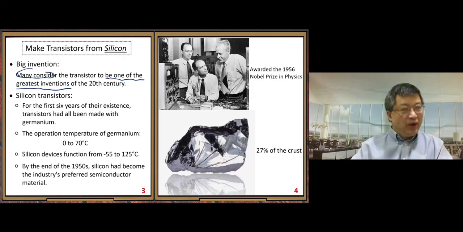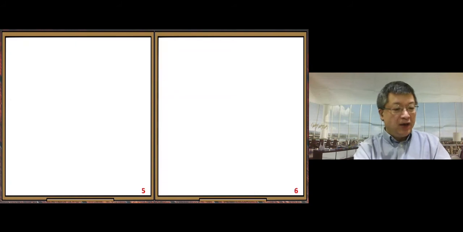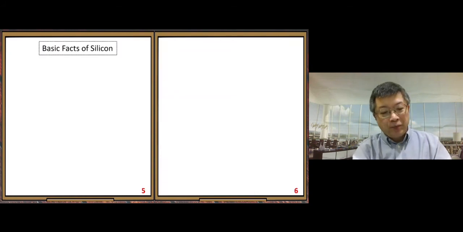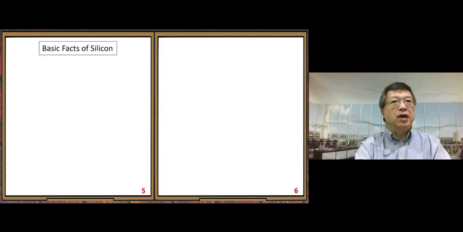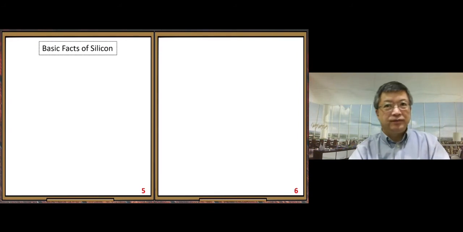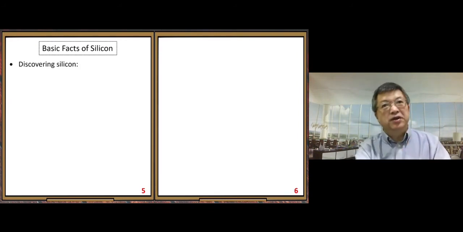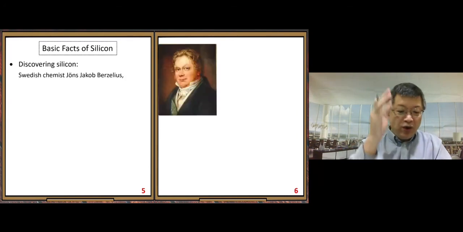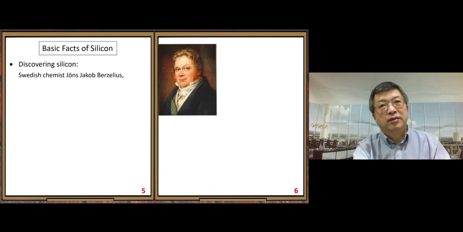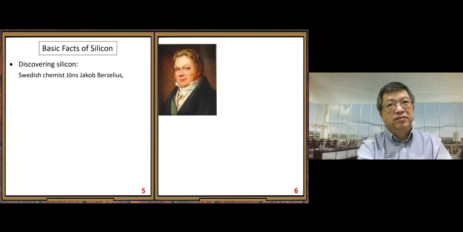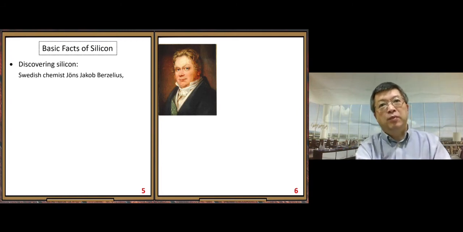So we want to learn a little more about silicon. Basic facts of silicon. First, we want to know who discovered silicon. A Swedish chemist called John Jacob Berzelius.